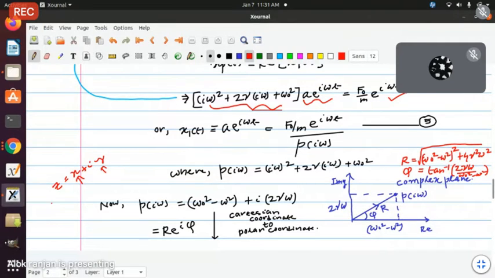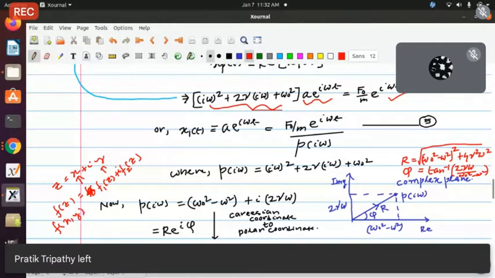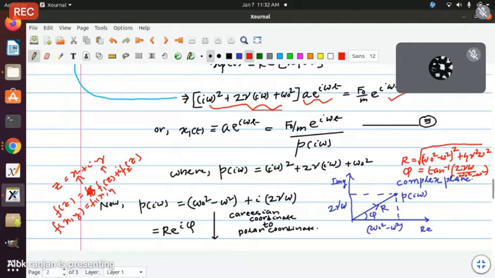Similarly, you can say a complex function f of z can be written as f1(z) plus i f2(z), or if we expand it, f(x,y) equals f1(x,y) plus i f2(x,y).